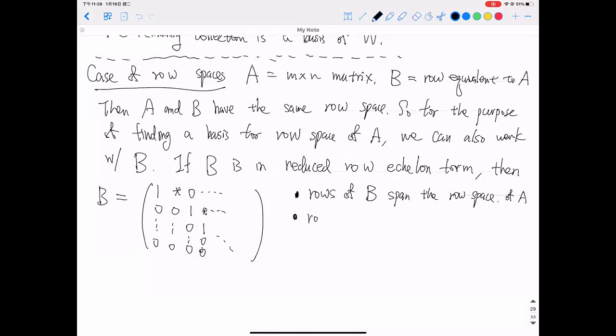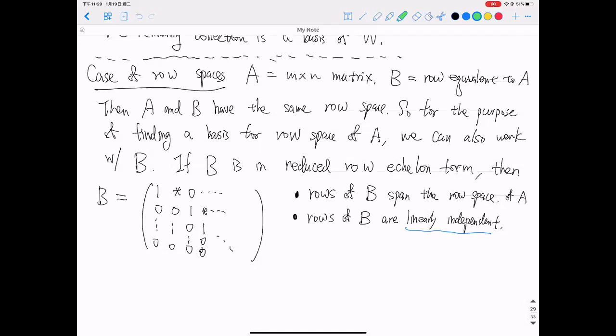Now the second observation is useful because it goes like this. The rows of B are in fact automatically linearly independent. For that you can just look at the expression.